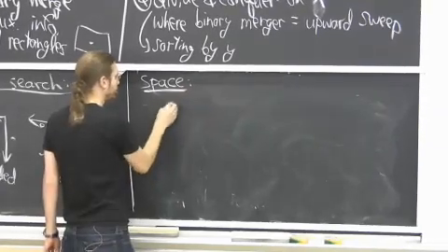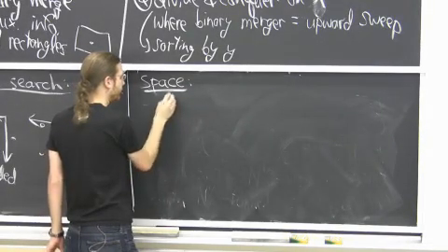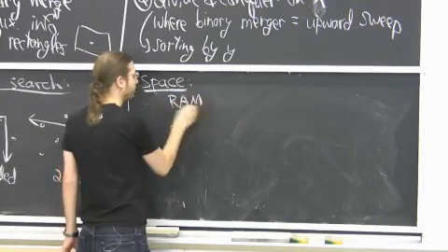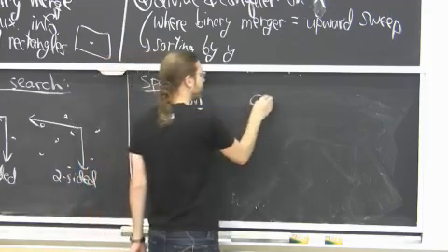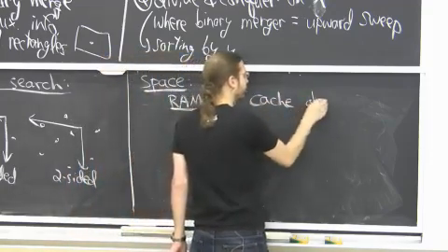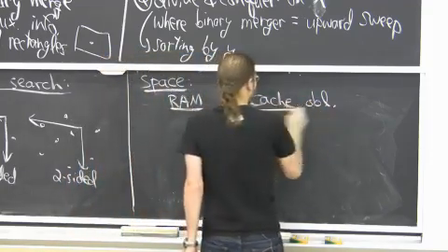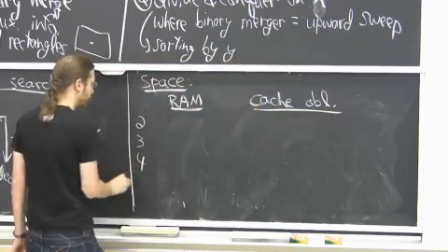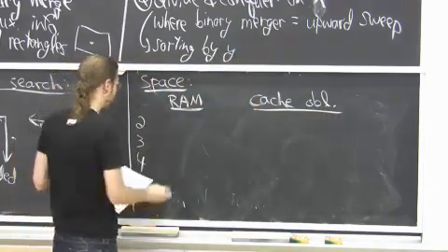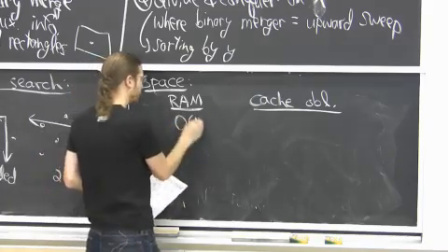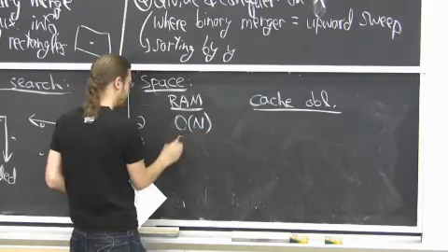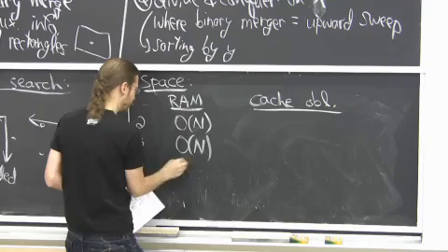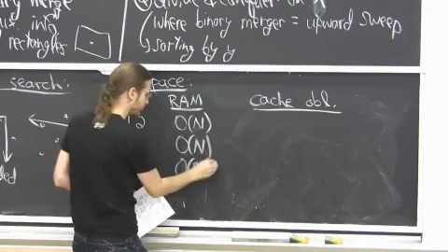Maybe I'll do regular RAM algorithms versus Cache-Oblivious. So we've got two-sided, three-sided, four-sided. And for two-sided, I believe these are the right answers.